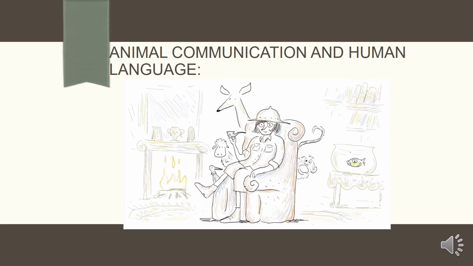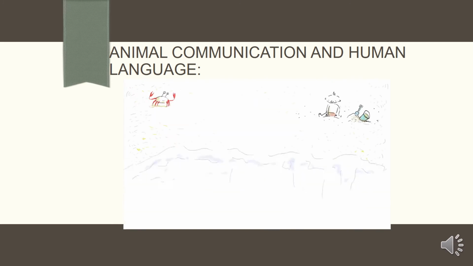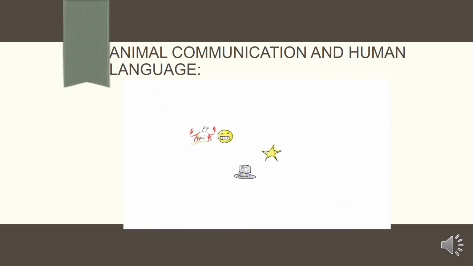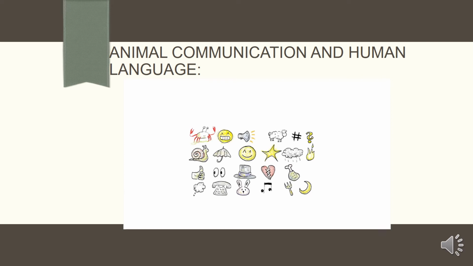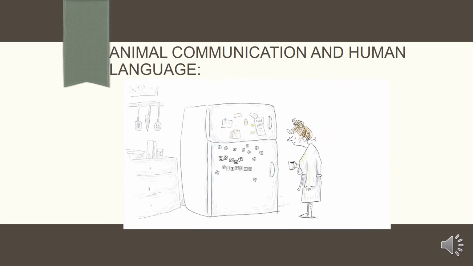To answer that question, we can look at 4 specific qualities that are often associated with language: discreteness, grammar, productivity, and displacement. Discreteness means that there is a set of individual units, such as sounds or words, that can be combined to communicate new ideas. Like a set of refrigerator poetry magnets you can rearrange to create different phrases.